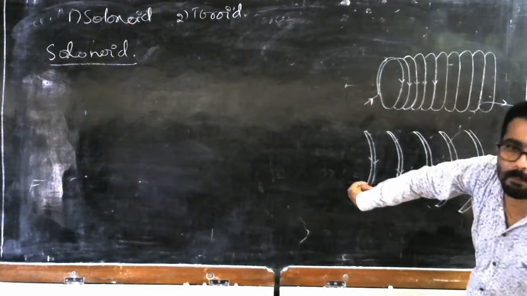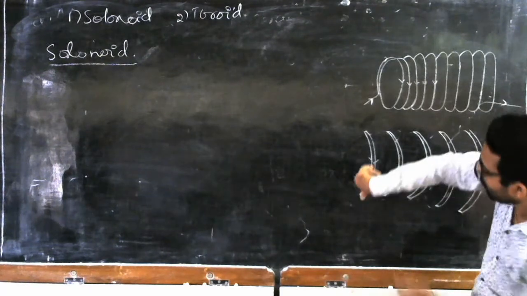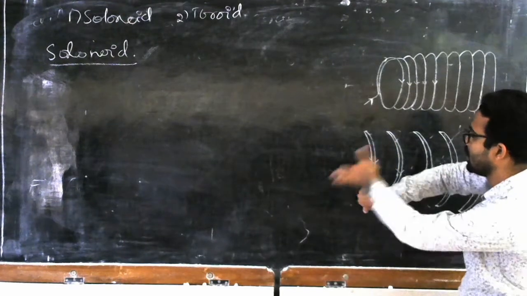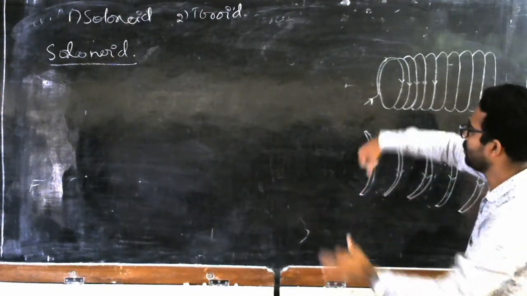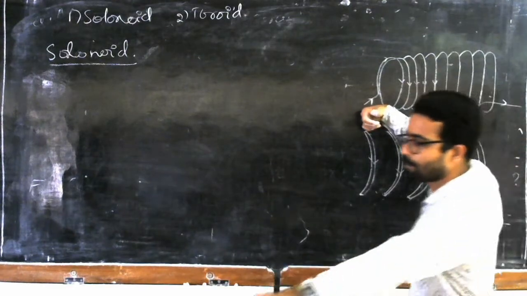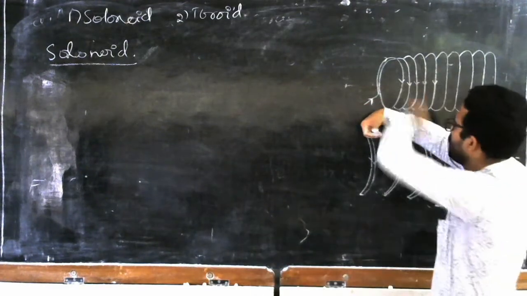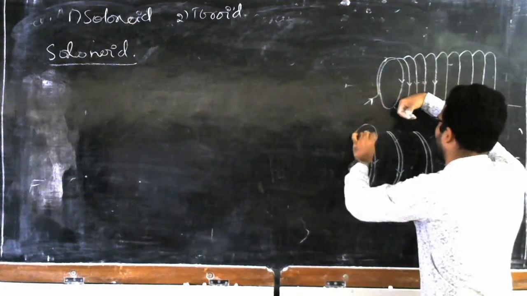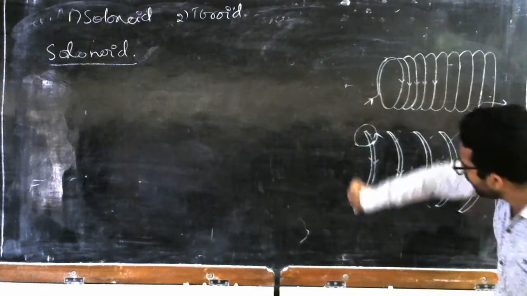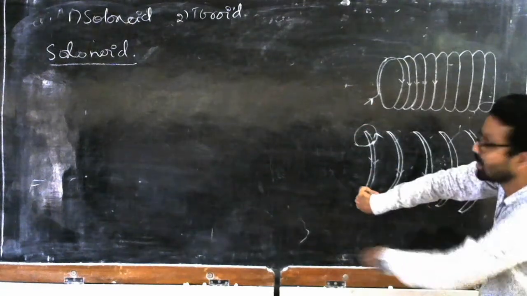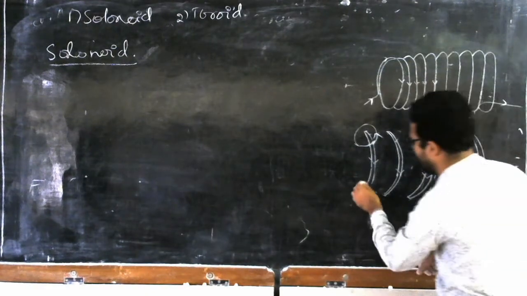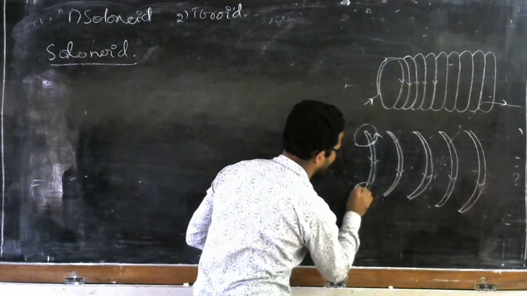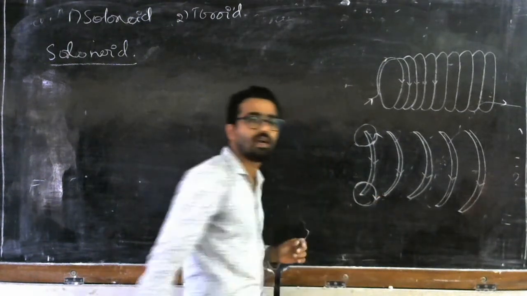If I come here, this is my direction of current, and the curled fingers represent the direction of the magnetic field. You should remember that. Here, this is the direction of the magnetic field.